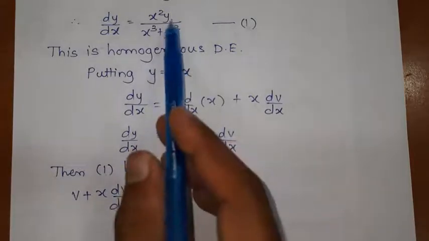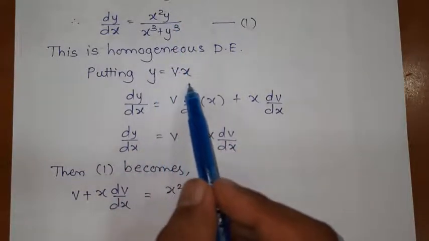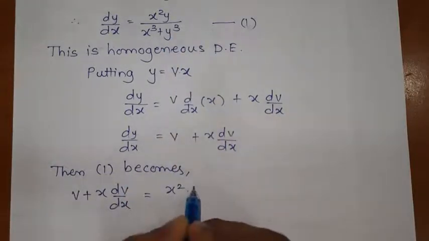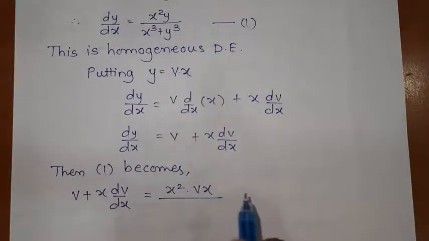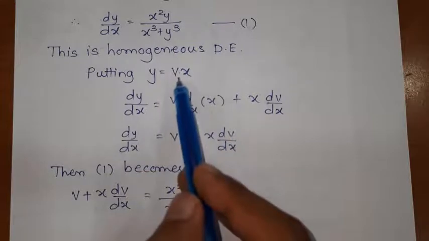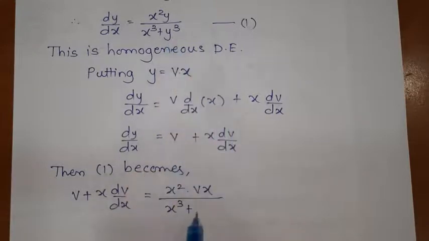What is the value of y? Value of y is vx. So this value of y I am putting here, x square into vx divided by x cube plus, what is the value of y? Value of y is vx. So y cube means x cube v cube, right?